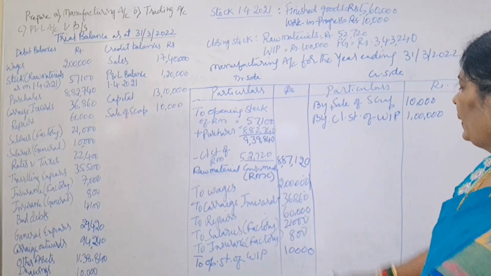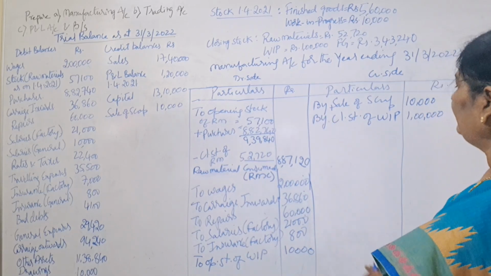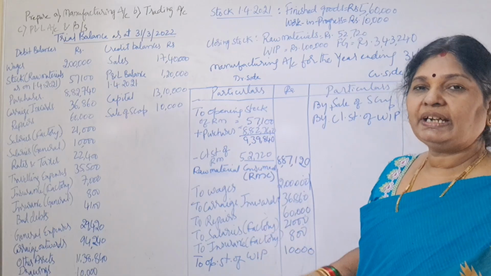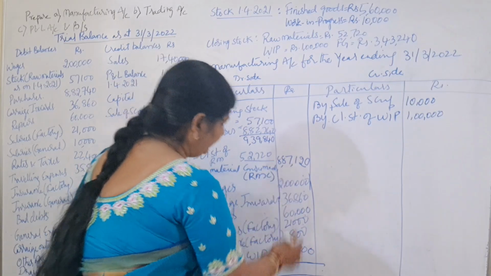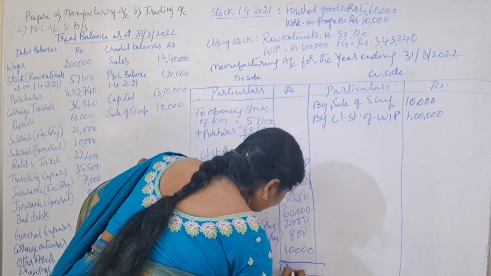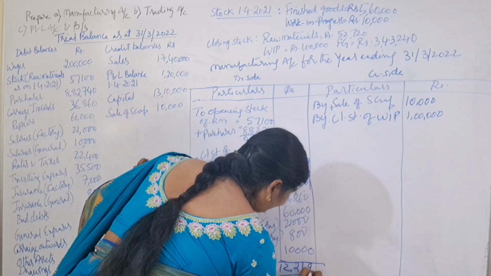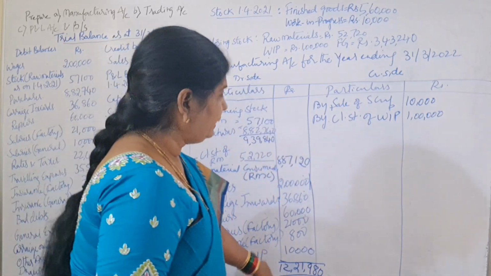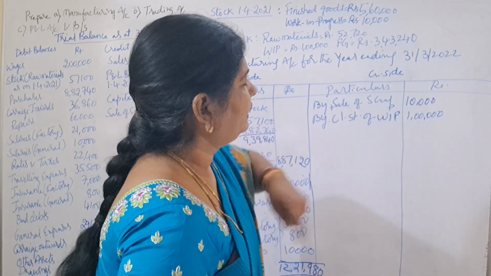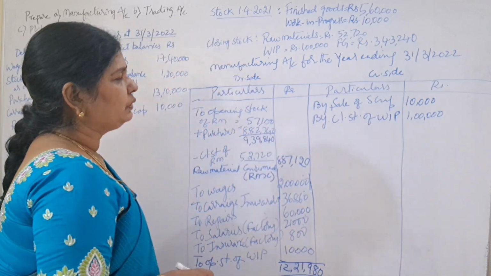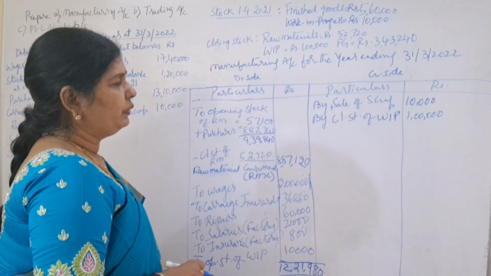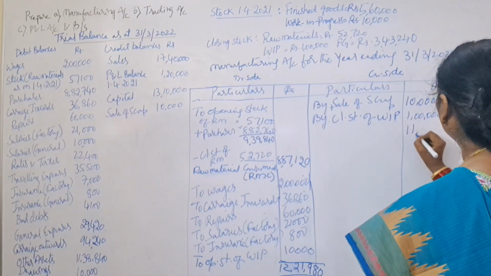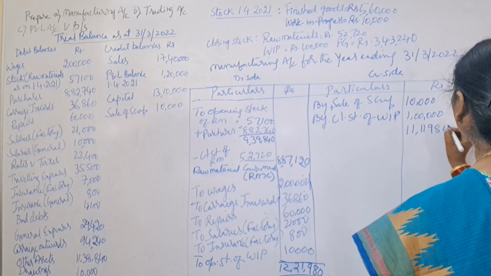So what we'll do now is total this and take the difference as by cost of goods manufactured. If you add all debit amounts, we'll get 12,21,980. From 12,21,980, if you deduct sale of scrap and closing stock of work in progress, then we will get 11,11,980.